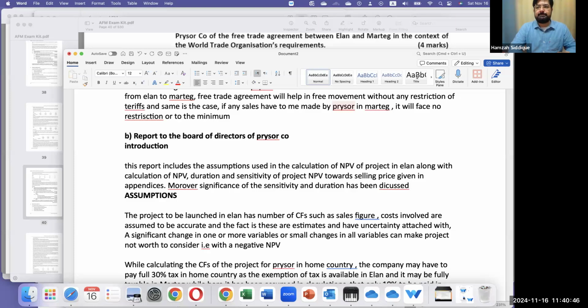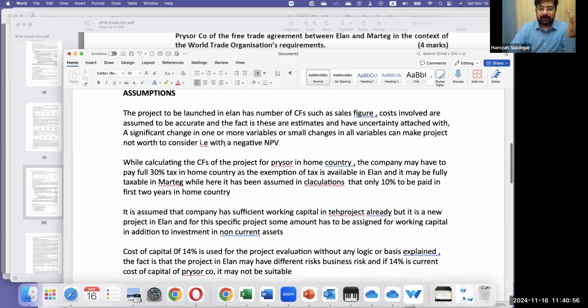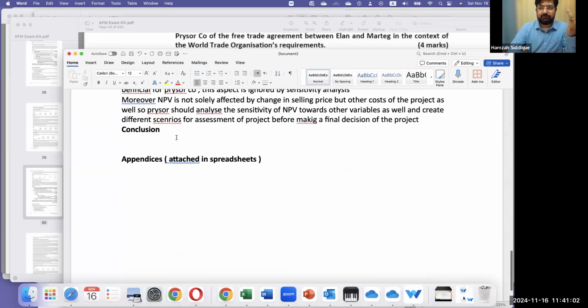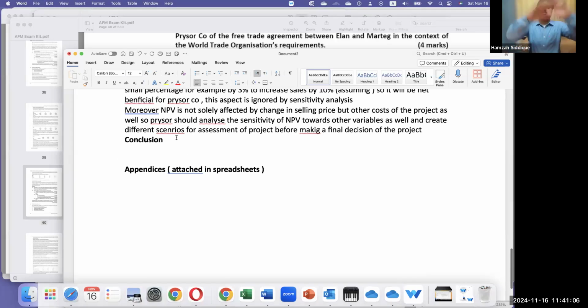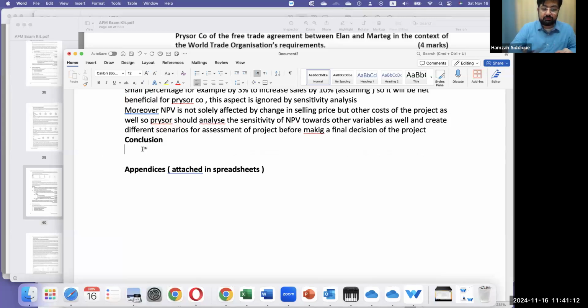Now, students, we have to now write conclusion. So it is done, introduction paragraph and conclusion paragraph. Summarizing everything in few lines. Conclusion paragraph.